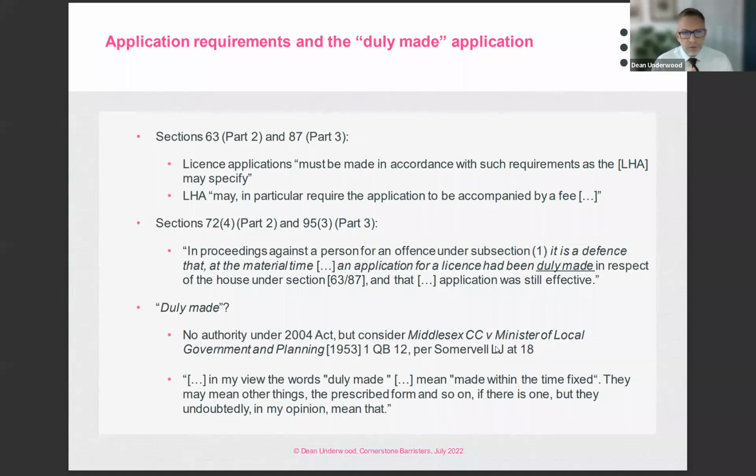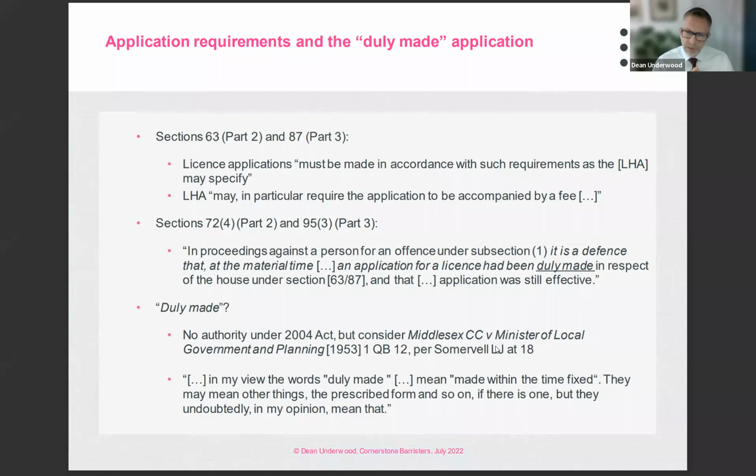That case concerned whether a local authority's objection to a compulsory purchase order had been duly made as required by the relevant legislation. And in Lord Justice Somervell's judgment, the words duly made mean made within the time fixed. He goes on to say they may mean other things, the prescribed form and so on, if there is one, but they undoubtedly, in my opinion, mean that.